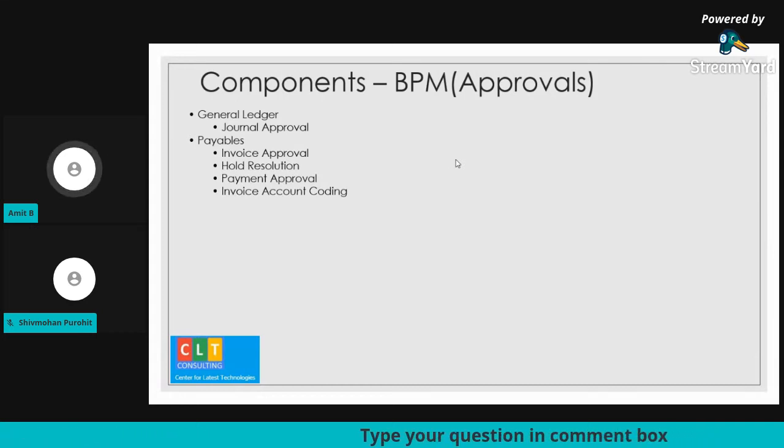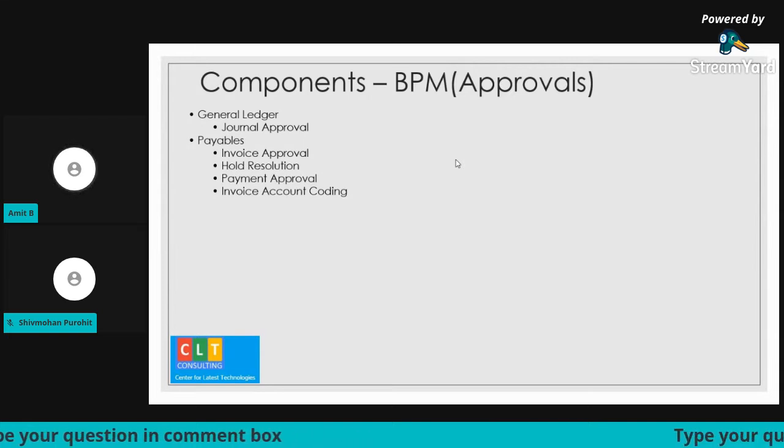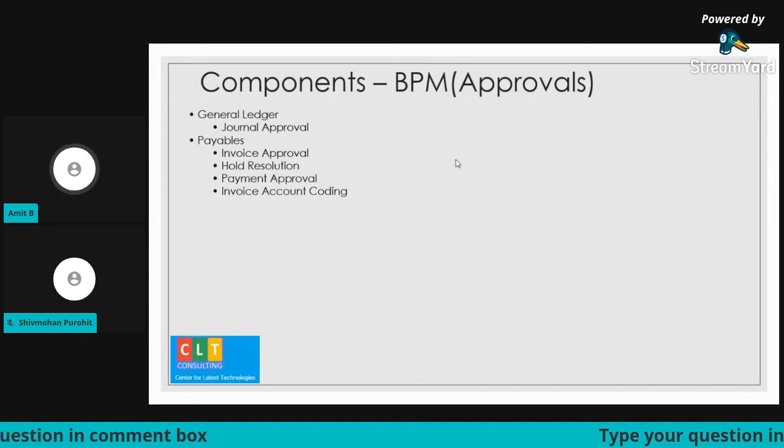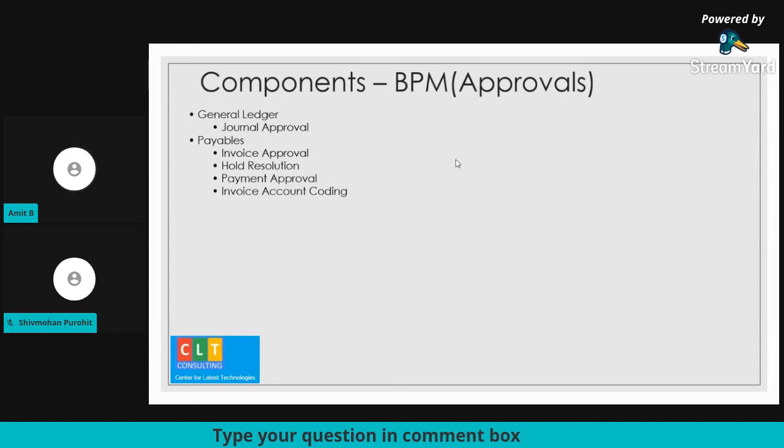You would probably know invoice approval. If you are creating any invoice and you want certain approvers to approve that invoice, you can have it. That was there in Oracle E-Business R12 as well. However, the other three are new in Oracle Cloud.